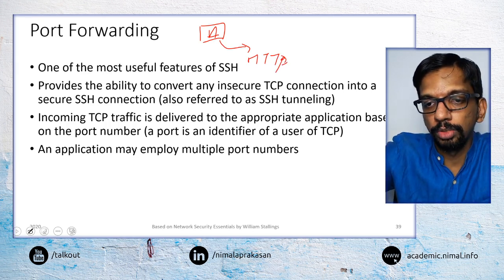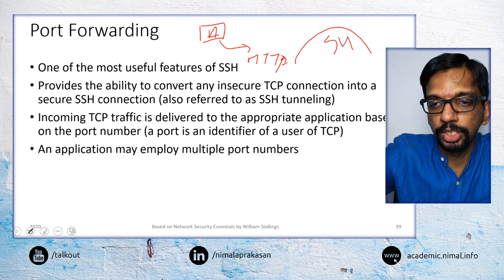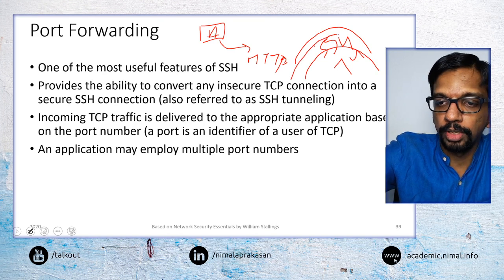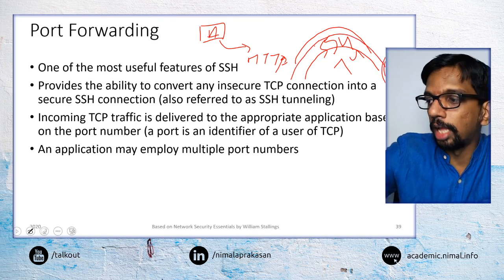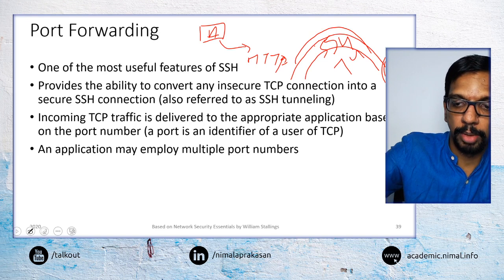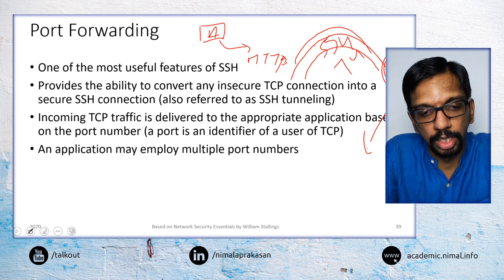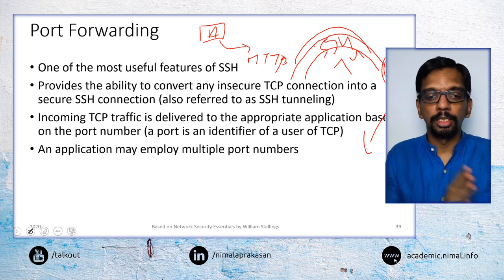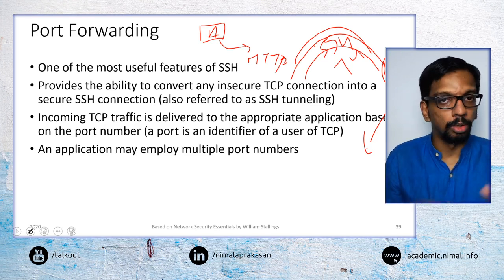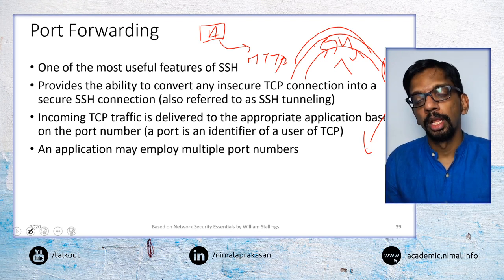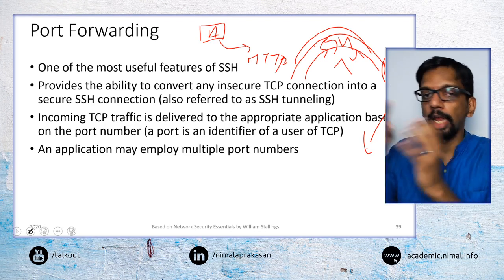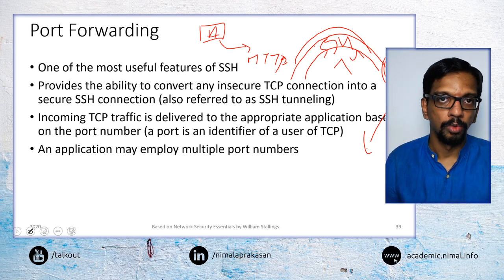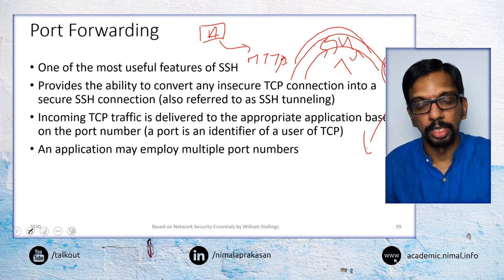We can establish an SSH tunnel and send all the traffic through it, and at the other end it can be converted back into whatever the application used to be. The application can use a different port number, for example, and establish the tunnel, and at the other end it can be received and converted back into the necessary communication.